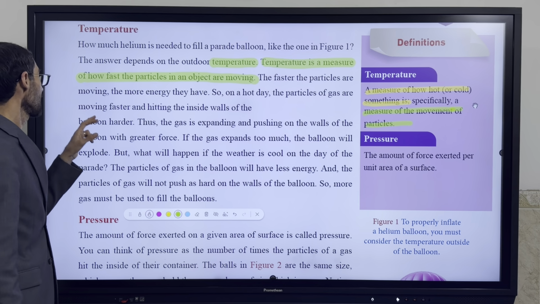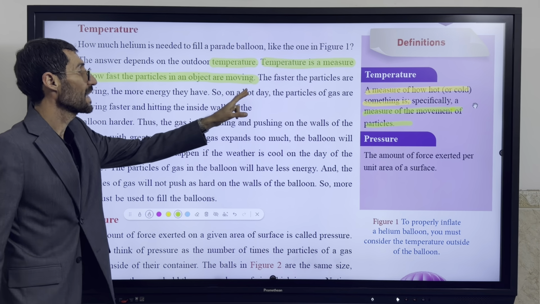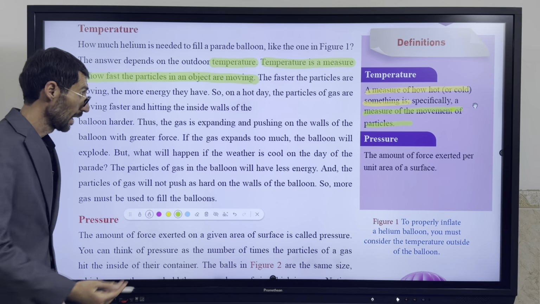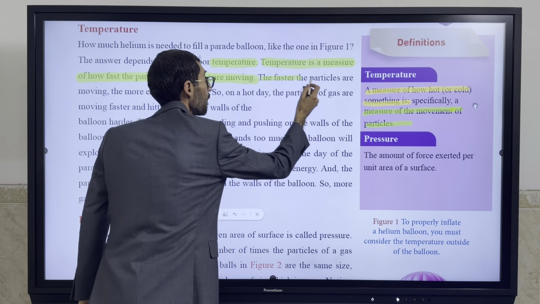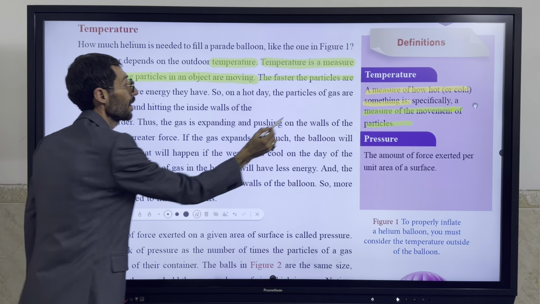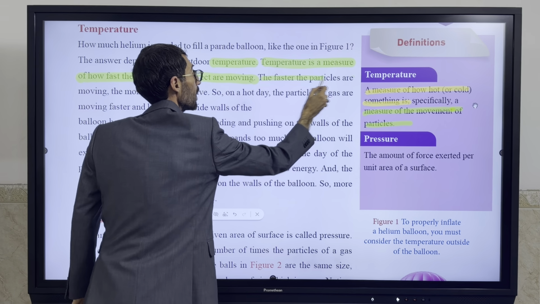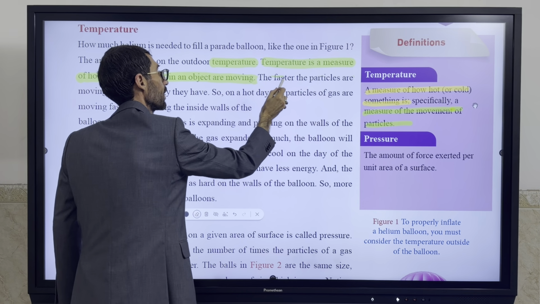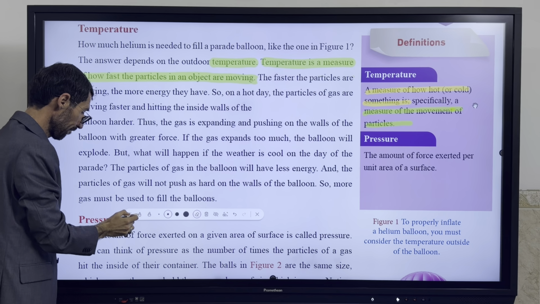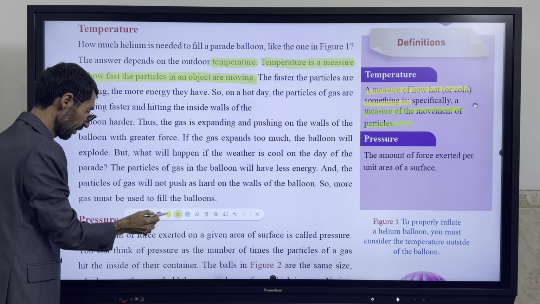Let's keep going. It says, the faster the particles are moving, the more energy they have. Let me change the color to yellow.